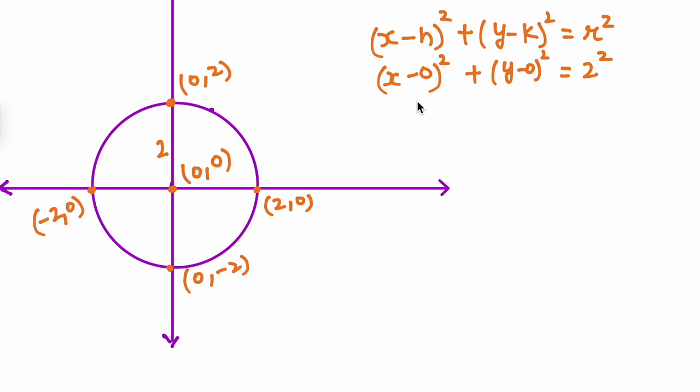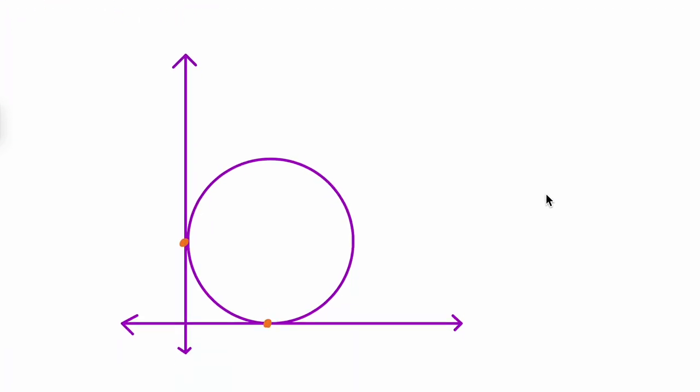Now x minus 0 is x itself. So this is x squared plus y squared is equal to 4. So if the center is at the origin, this equation is reduced to x squared plus y squared is equal to 4.